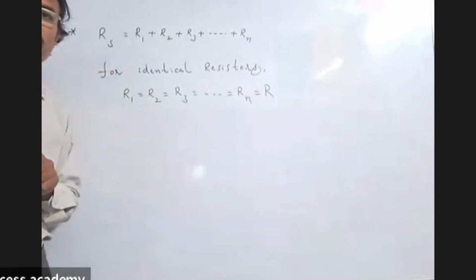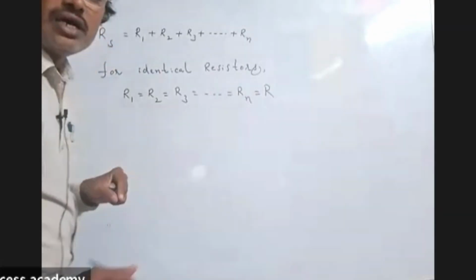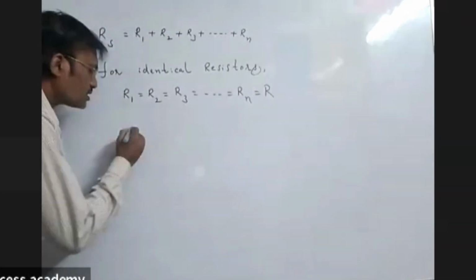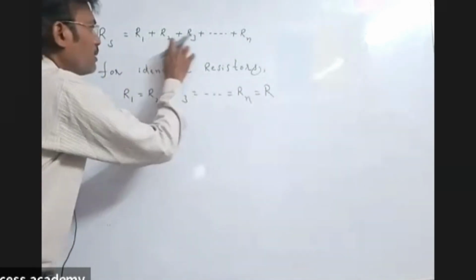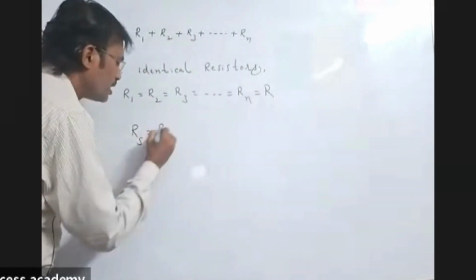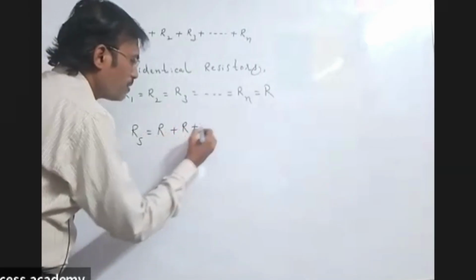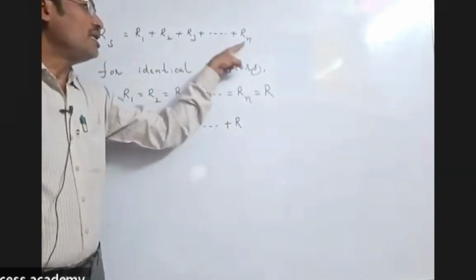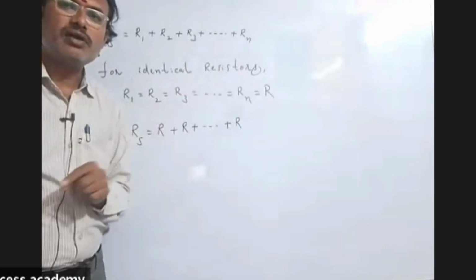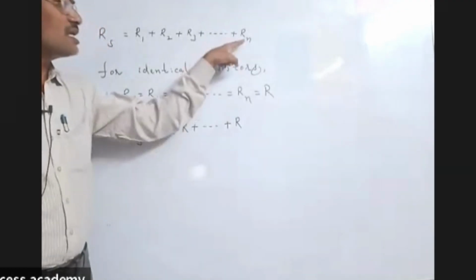In this case, what is the equivalent resistance in series combination? Rs is equal to R plus R plus R and so on plus R. How many times is it repeated? As many times as there are resistors. How many resistors are there here?